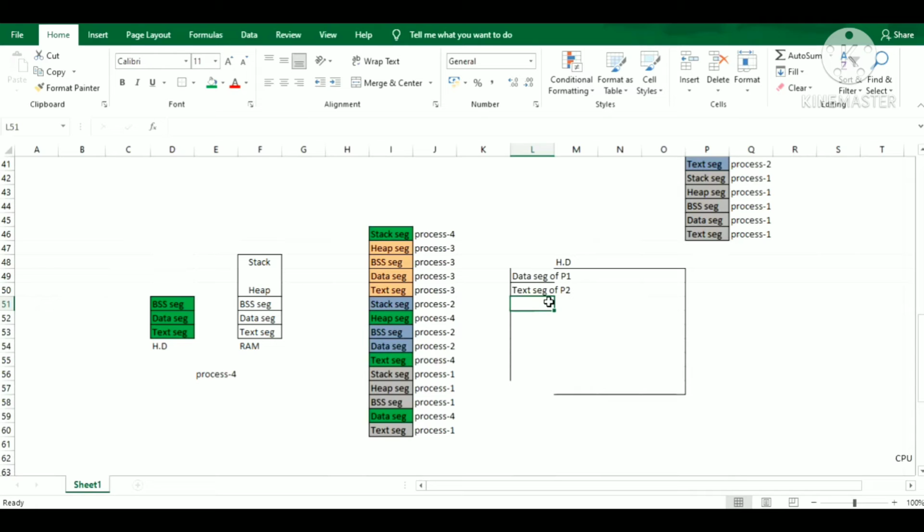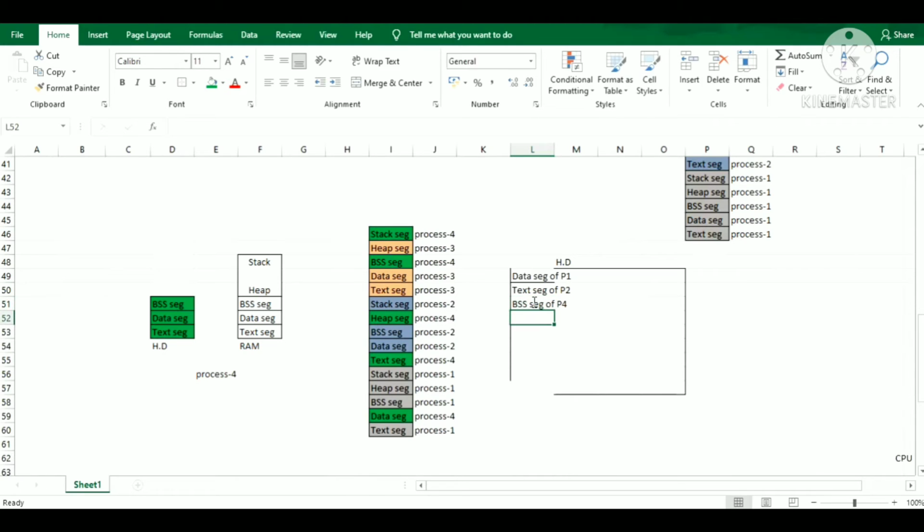See here, the multiple processes are currently running in an infinite loop. At that time some segments are not used during execution. Those segments are copied into the hard disk. Another process's segments will be copied into the places of whatever segments are not used for a long time.